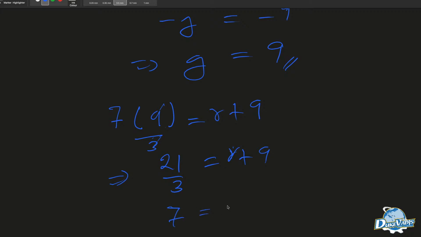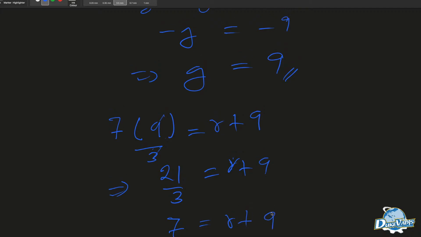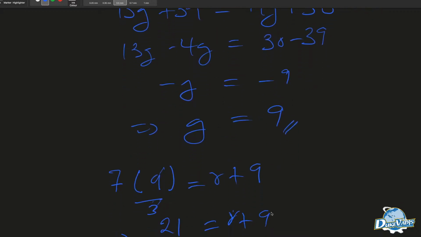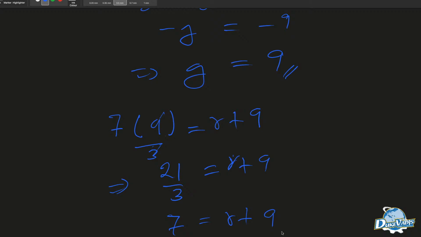So we have 21 equals R plus 9. So what do we do? How do we get R?